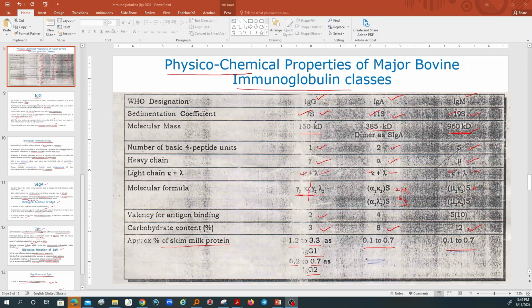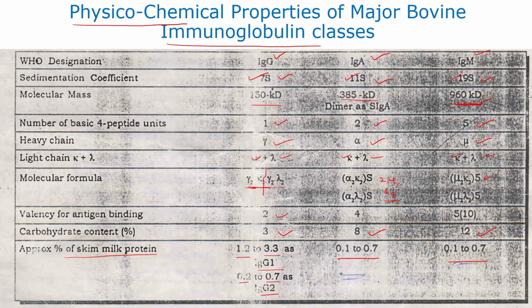Just to tell you what we mean by sedimentation coefficient: it indicates how fast a molecule will move when subjected to centrifugation. So 7S will move slower and 19S will move faster, or sediment faster, during centrifugation. Sedimentation coefficient is nothing but the rate of sedimentation.